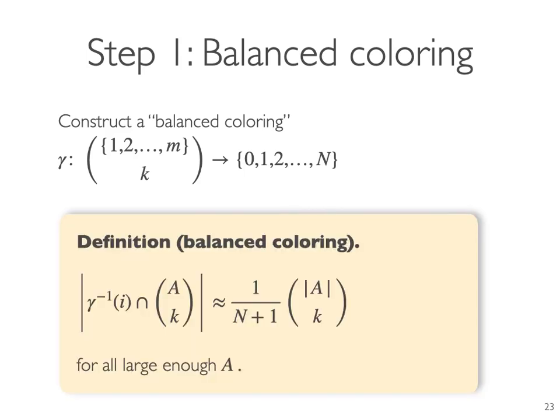Given any large enough subset A, the fraction of k subsets of A that are colored in a given color should be approximately 1 over N plus 1. We construct a highly balanced coloring using the notion of R discrepancy, which is a measure of aperiodicity or pseudo-randomness of a set of integers modulo a given modulus R.